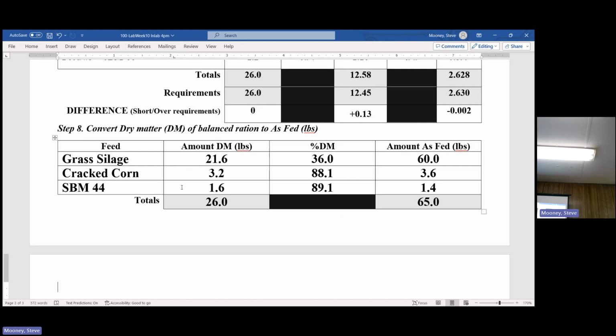And then what percentage of forage dry matter is in the diet? How do we do that? Yep. So where do we get forage dry matter?